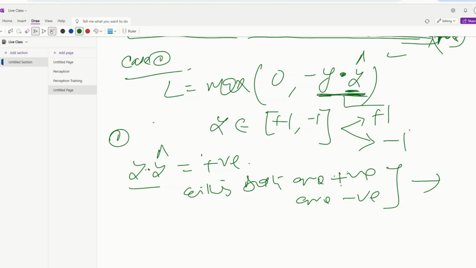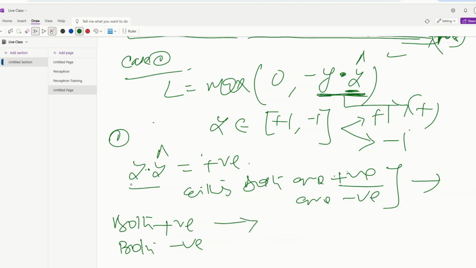I want to make this positive sign. So I want to understand when y into y predict will be positive. There are two cases, right? Either both are positive, or both are negative. If both are positive, I mean when actual y and predicted y are both positive.